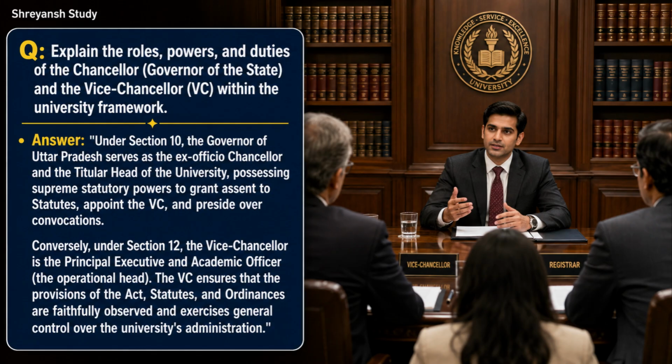Conversely, under Section 12, the Vice-Chancellor is the principal executive and academic officer, the operational head. The VC ensures that the provisions of the Act, statutes, and ordinances are faithfully observed and exercises general control over the university's administration.